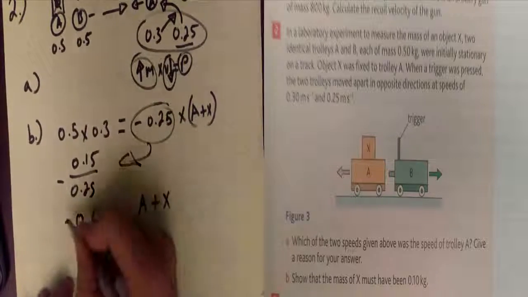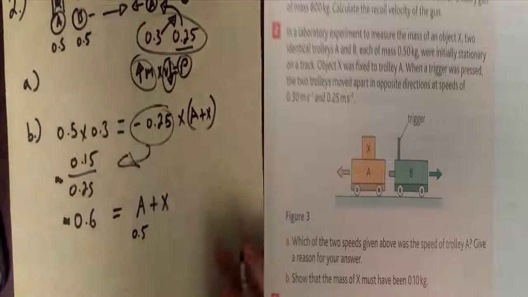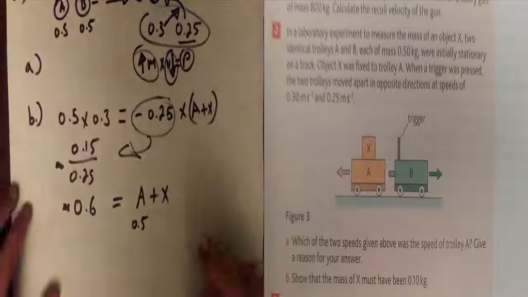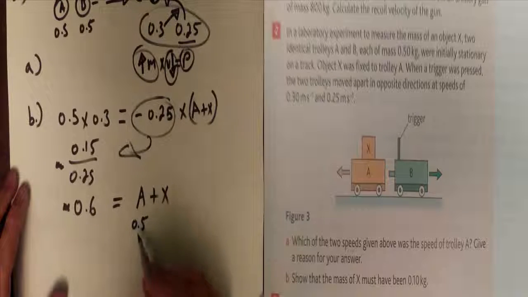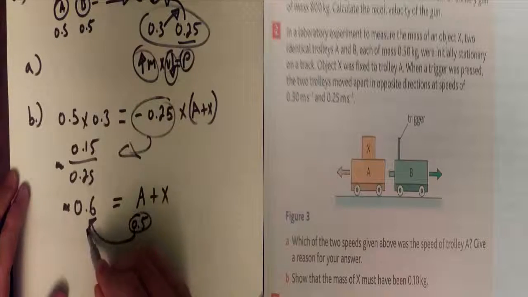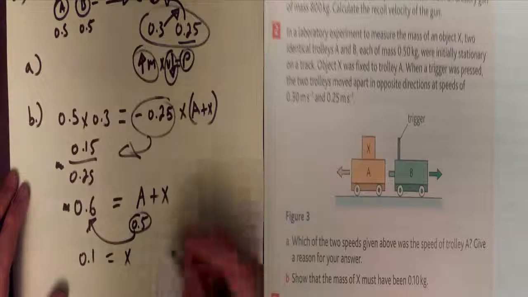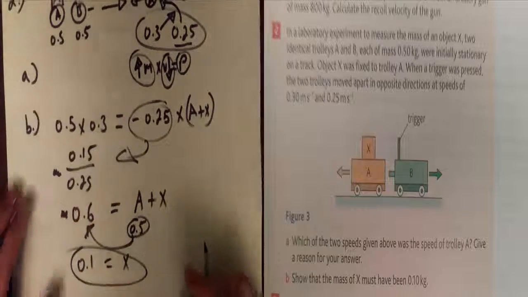So it's nice and easy. Sorry. Bit of sign error. Now, we want to take this 0.5 away from here. So we get that 0.1 is equal to X, proving that X is 0.1.